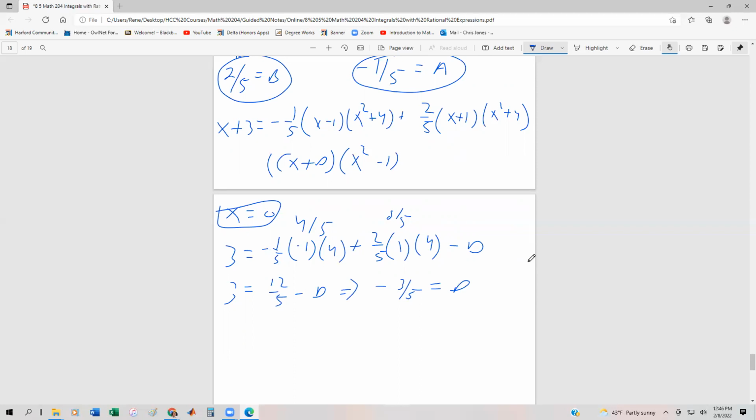All right, so there we go. And then the last thing we have to do at this point is solve for c. Now that's going to be the tough one because realistically, there's no nice number that we can plug in at this point. Okay, so let's see what happens with this.